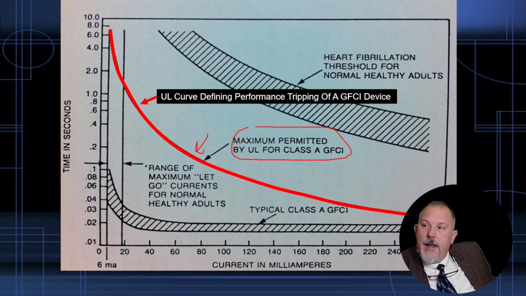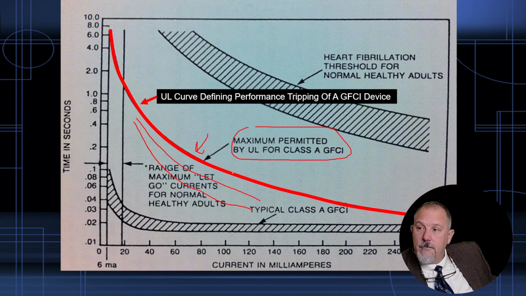It may be that that manufacturer added time to hug this curve. And it might be that that time that's being added is to let the appliance downstream temporarily use the equipment grounding conductor for whatever reason, but not contribute enough to trip the device based upon the maximum permitted threshold, and definitely not enough to put a healthy heart into fibrillation.